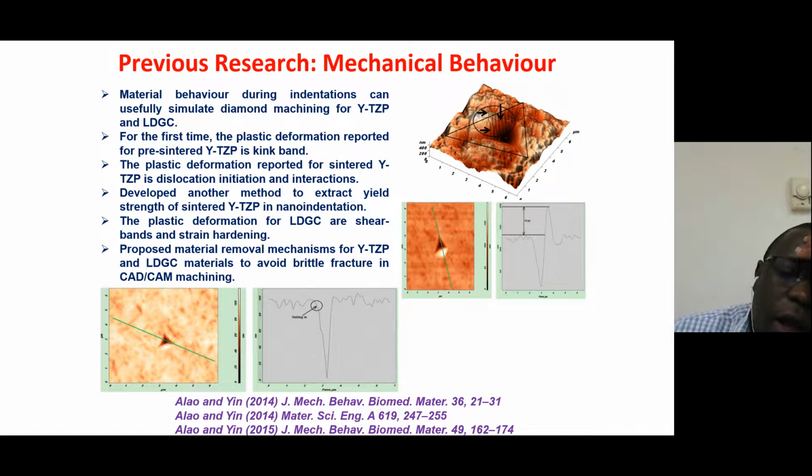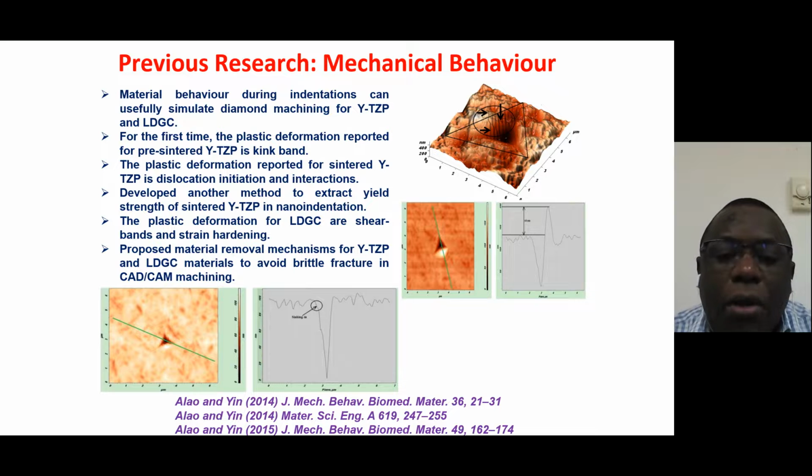So in my own investigation, I was able to use Berkovich, okay, with another geometry to get the yield strength, when you have sintered zirconia indented at different loading rates.